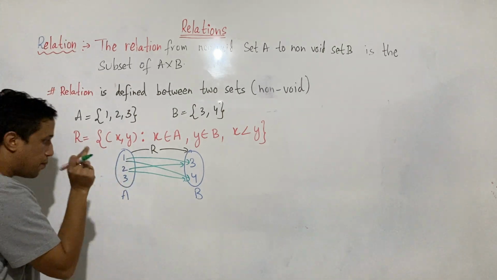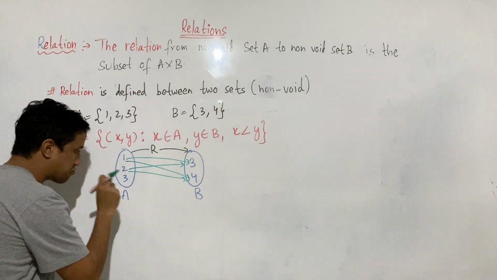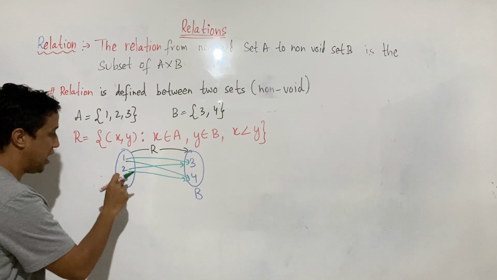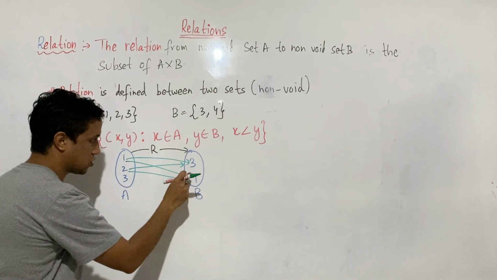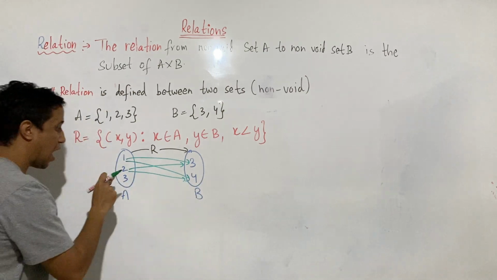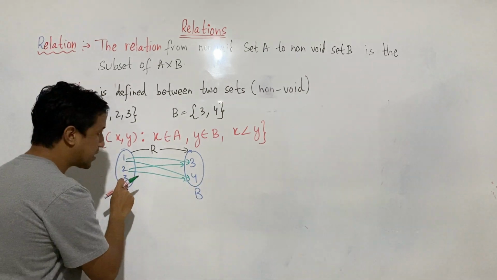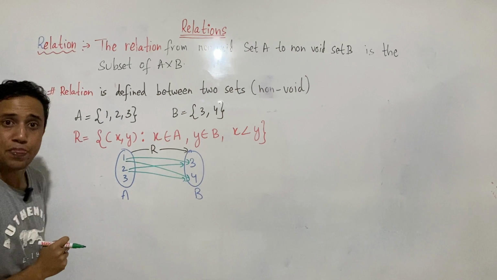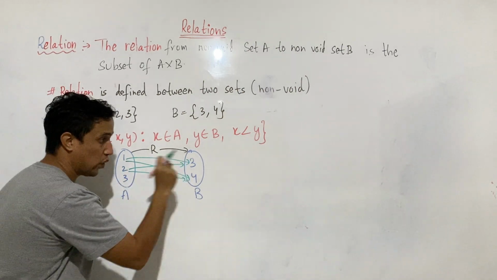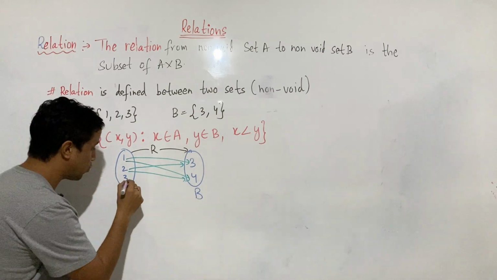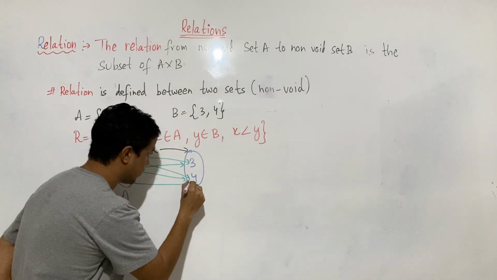Now go here, take the last element 3. Does 3 belong to A? Yes. Does 3 belong to B? Yes. Now is 3 less than 3? No. So I cannot pair this 3 with this 3. So this will only get paired with this 4.